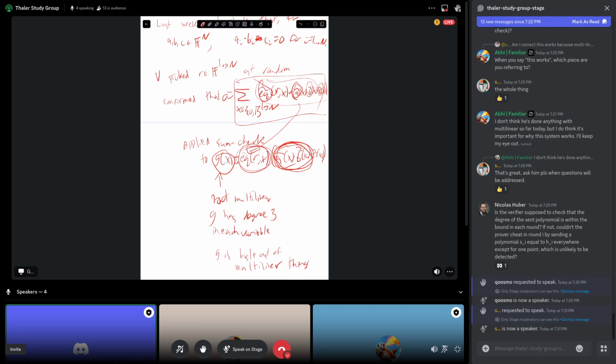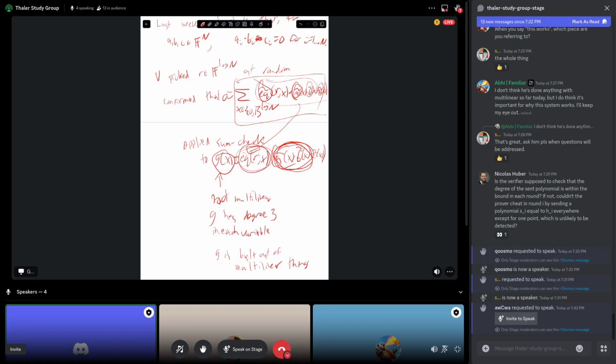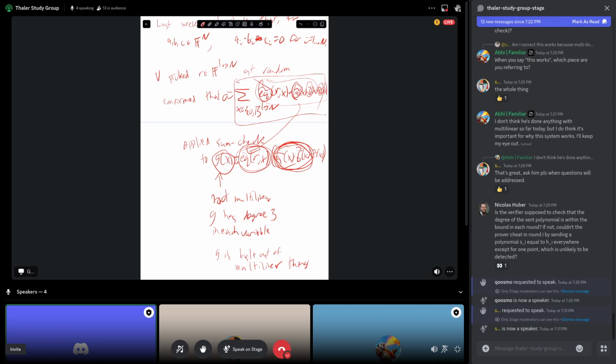If you use non-multilinear things, the number of rounds would go down, but the proof size in each round would go up in a way that more than compensates for the decrease in rounds. So we minimize proof size this way, and the verifier likes that. On the other hand, there are more rounds, the maximal number of rounds. But often it doesn't matter because you're going to get rid of the rounds with Fiat-Shamir.